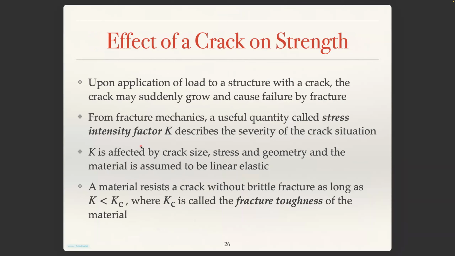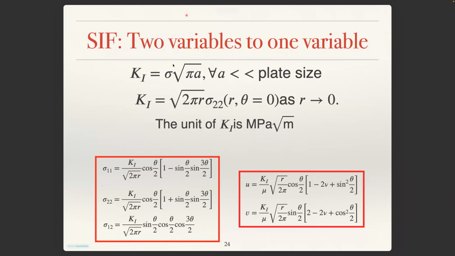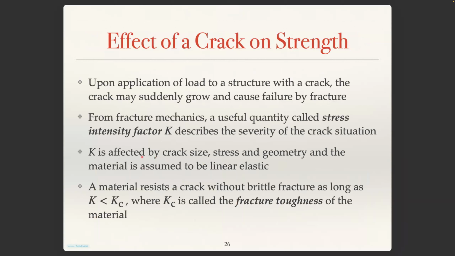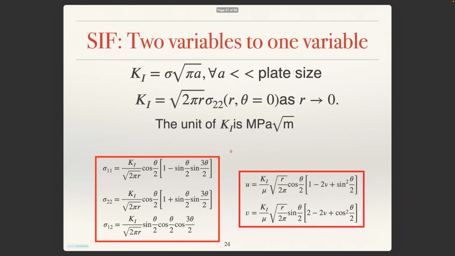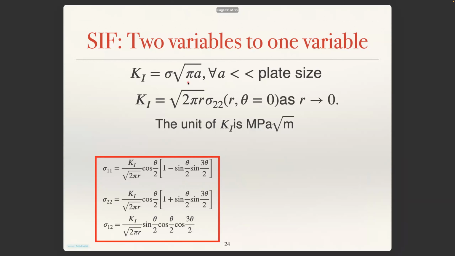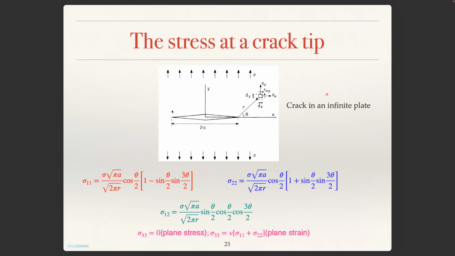So now we have seen the equation of K is sigma root pi a. So it depends on the applied stress and the crack length. So K is affected by crack size and stress. Not only that, this equation is only true for a plate of infinite size.